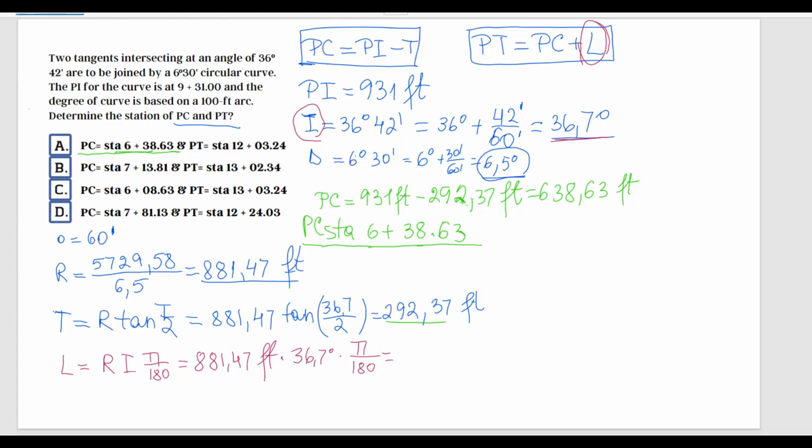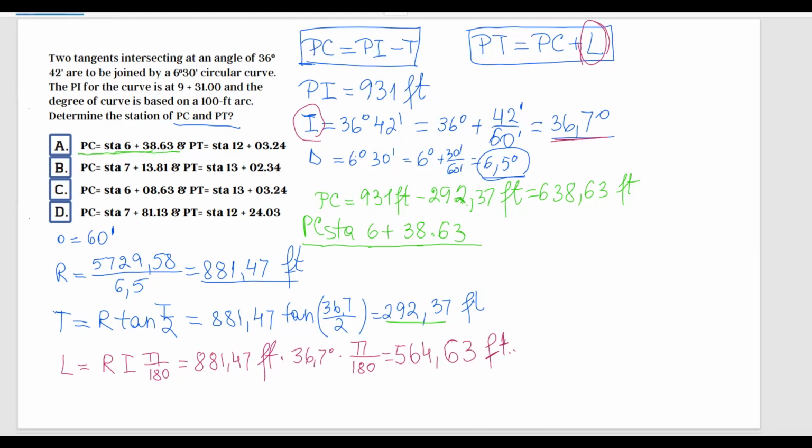If you use your calculator and do this calculation, you should get L equals 564.63 feet. Now we have the length of curve. We can go back to this formula and calculate PT.